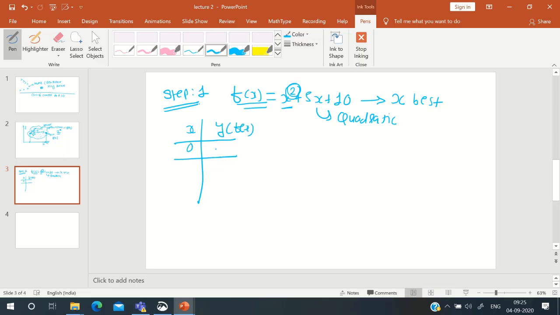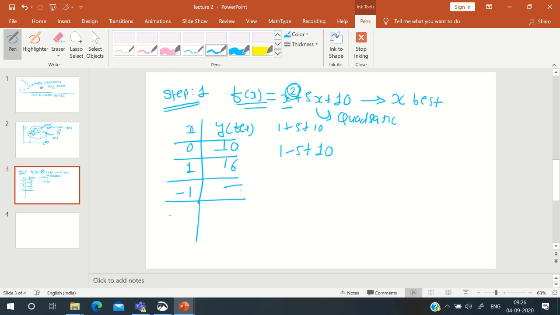If you put x is equal to 0, you will obtain f of x is equal to 10. If you put x is equal to 1, then this is 1 square, so 1 plus 5 plus 10, that is 16, right? If you put x is equal to minus 1, then it is minus 1 square, this is 1, 5 into minus 1, minus 5 plus 10, so 10 plus 1, 11, 11 minus 5, that is 6, right? So we will get the answer.